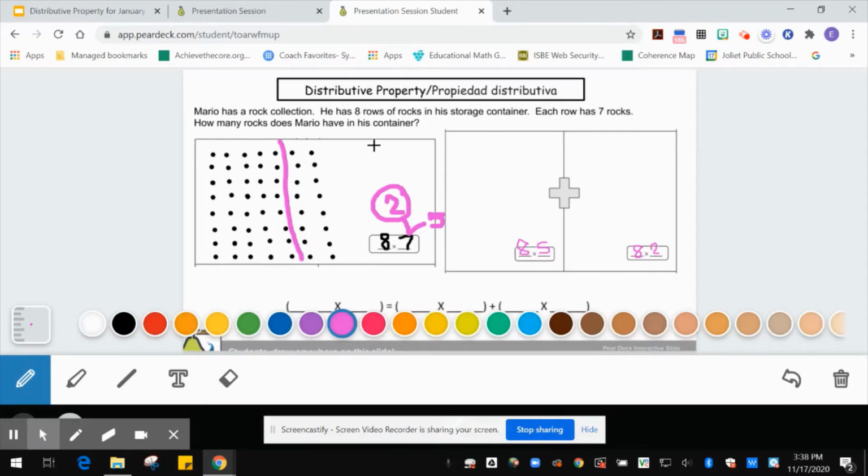Now, the next step is to take these equations and build these arrays on this side of the screen. As students begin to build their array, they are also starting to think of rows and columns. I am going to, on the right side, draw 8 rows of 2.